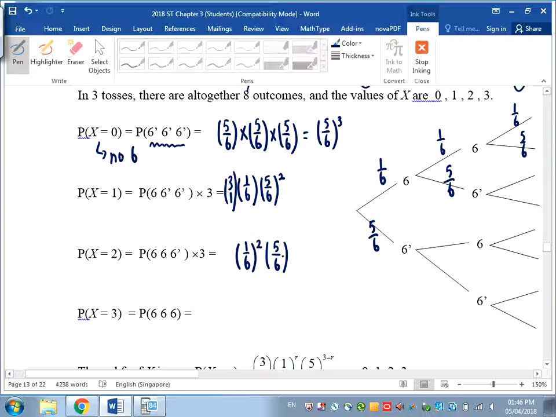Again, I need to find the total number of cases. This time, because there are 2 sixes, I can think of it as out of the 3 spaces, I need to choose 2 spaces for the 6. So therefore it is 3 choose 2. In fact, it is also 3 cases. If I were to list it down, it would just be these 3 cases.